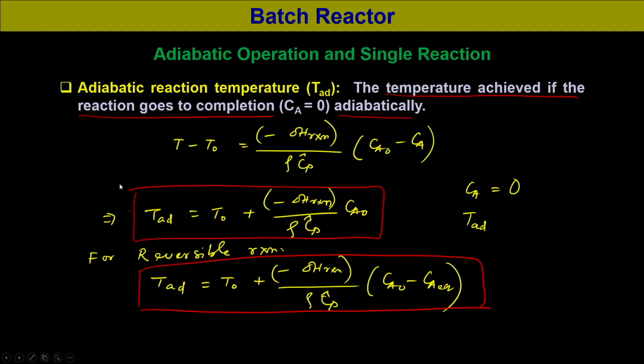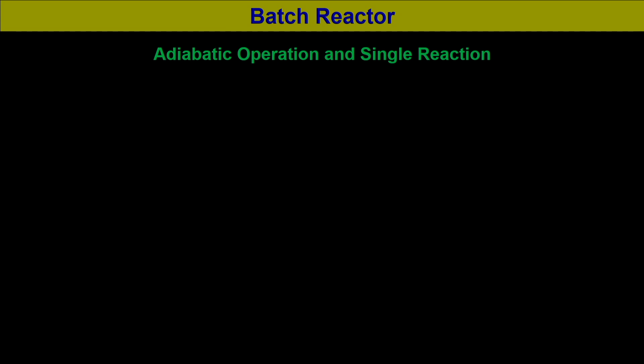So, this is the equation for the single irreversible reaction, and for this single reaction the expression is Ca is equal to Ca naught minus rho Cp by minus delta H reaction into T minus T naught. This is for an adiabatic batch reactor with a single reaction. Now this can be substituted in the energy balance equation.